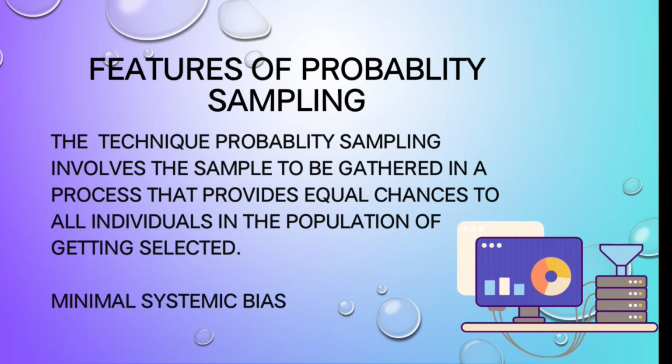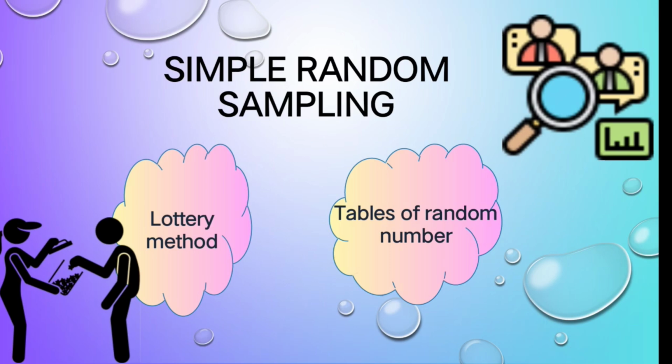Next we will see simple random sampling. Simple random sampling is again classified into first the lottery method and next tables of random number. Lottery method means, for example, I am going to select some of the students for the research study.